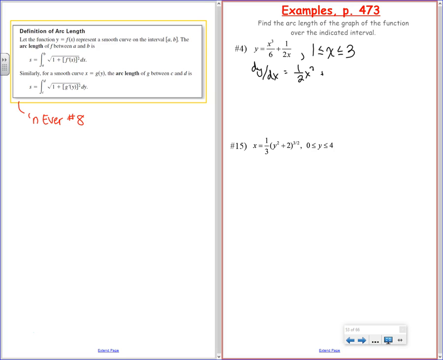What can we do here? Can I make this 1/6 x cubed plus 1/2 times 1 over x?